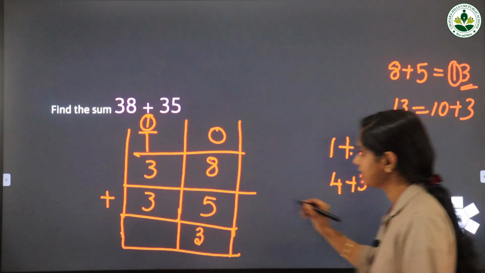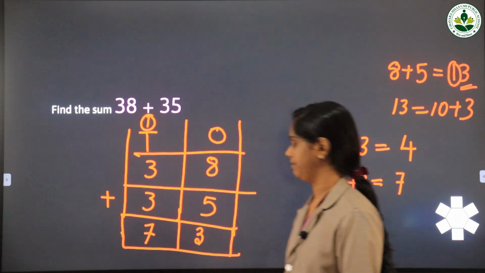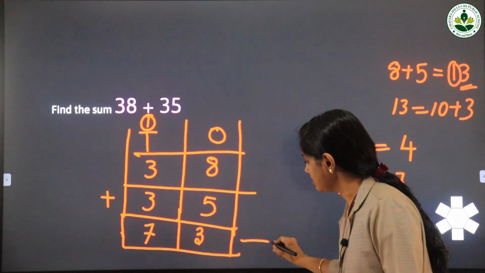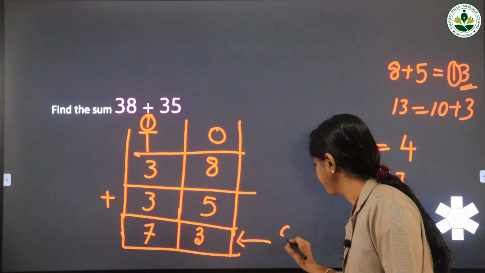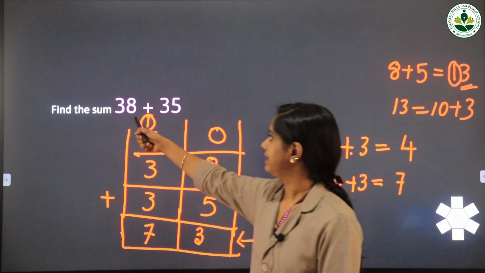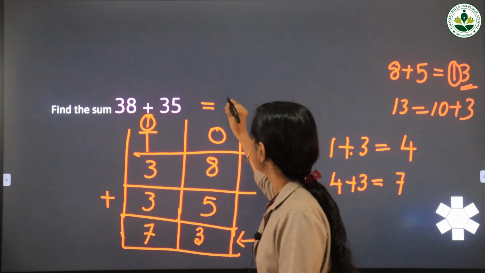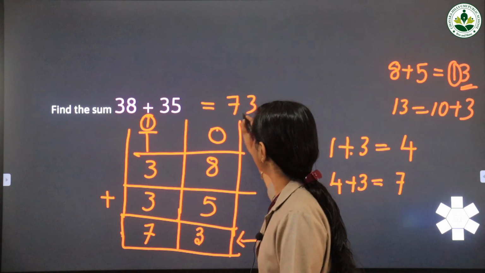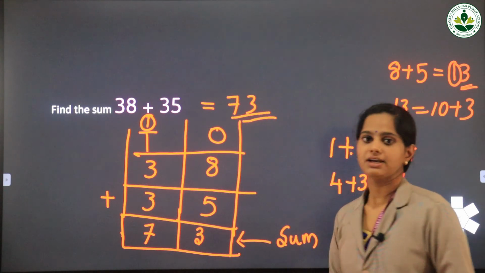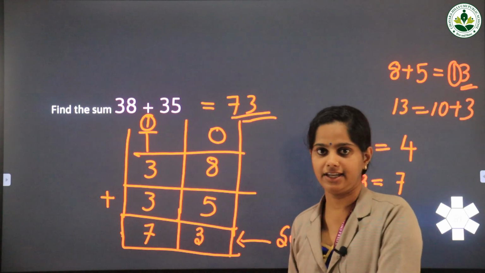We write 7 in the tens column. 73 is the sum. So we get 38 plus 35 is equal to 73.